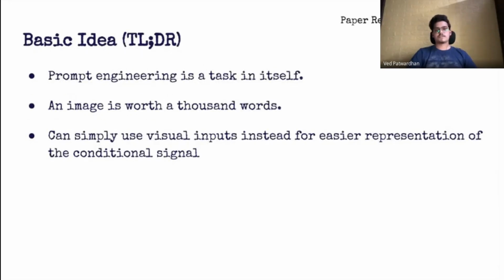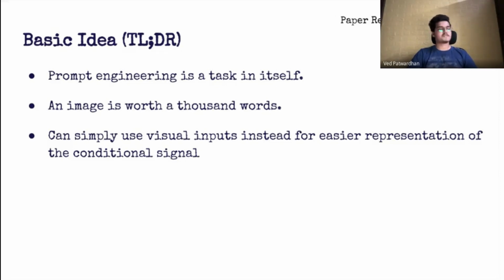Of course, just for an overview of what this is about: in diffusion models, if you're talking text to image diffusion models, we're talking about having a prompt, in the sense of some text input. Prompt engineering, as many of you know, is itself a difficult task because there's quite a lot of effort which may go into getting the perfect output for whatever prompt you're passing.